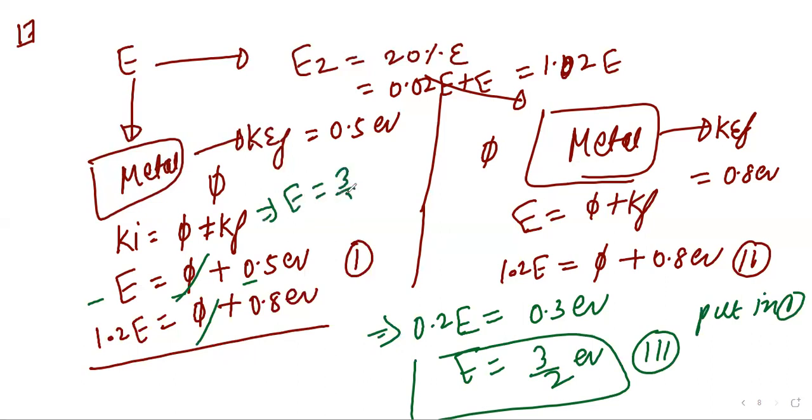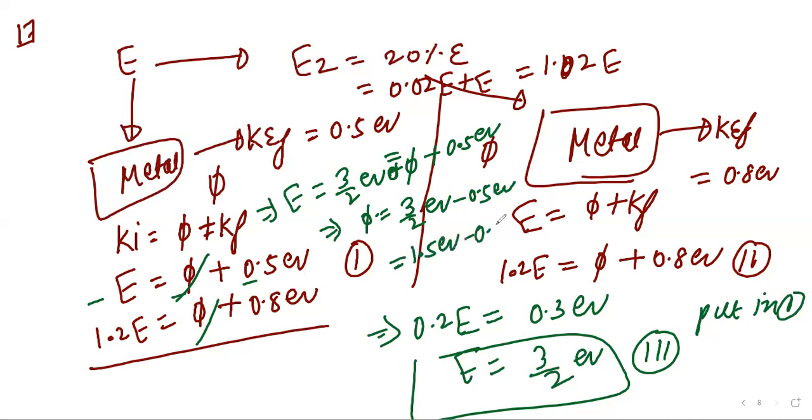So E is 3/2 electron volt, so phi equal to 3/2 electron volt minus 0.5 electron volt. So it is nothing but 1.5 electron volt minus 0.5 electron volt. It is equal to 1 electron volt. So phi is 1 electron volt, after putting the value.